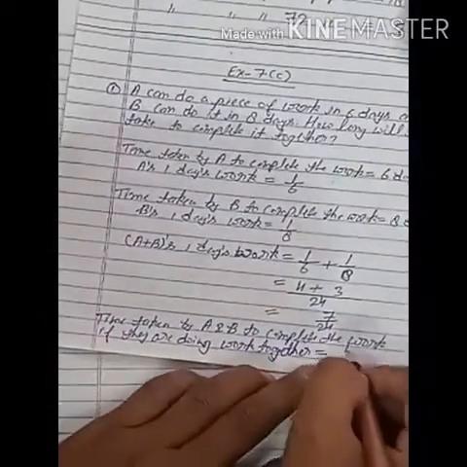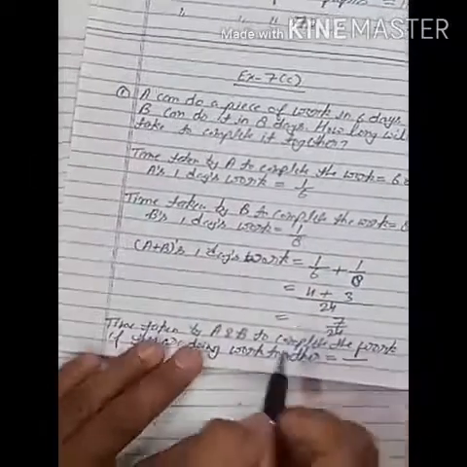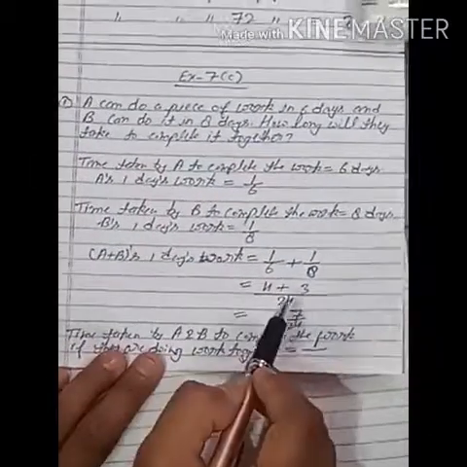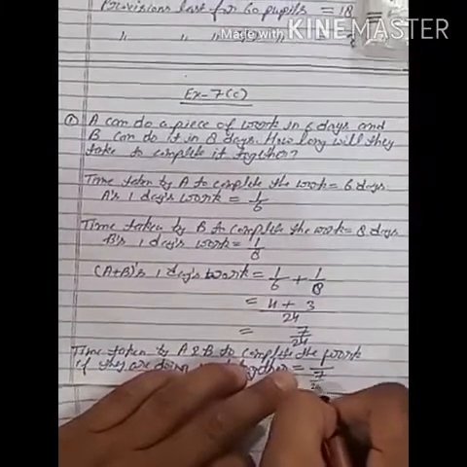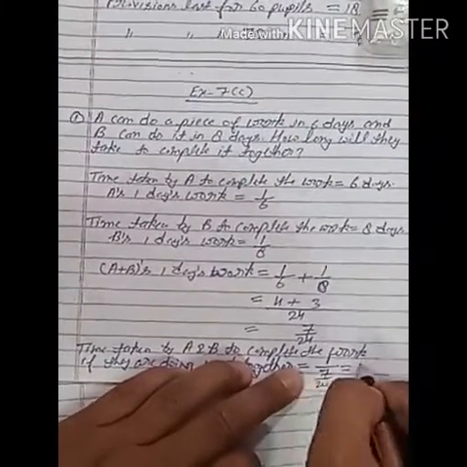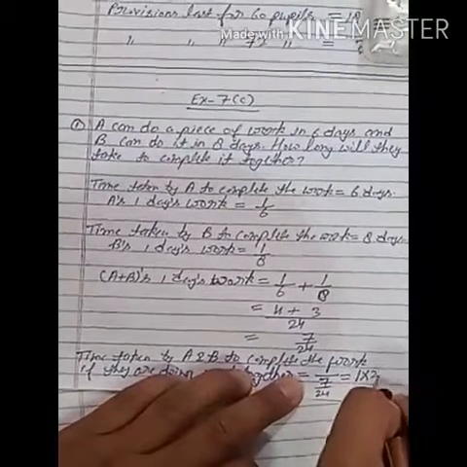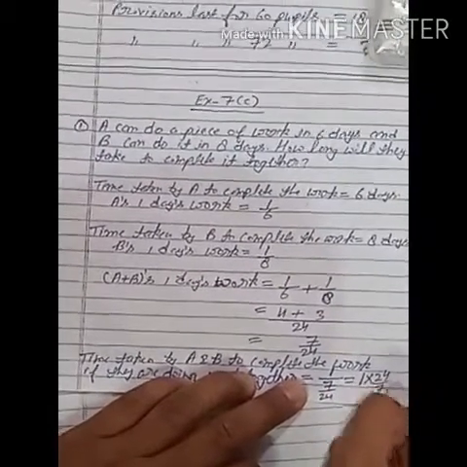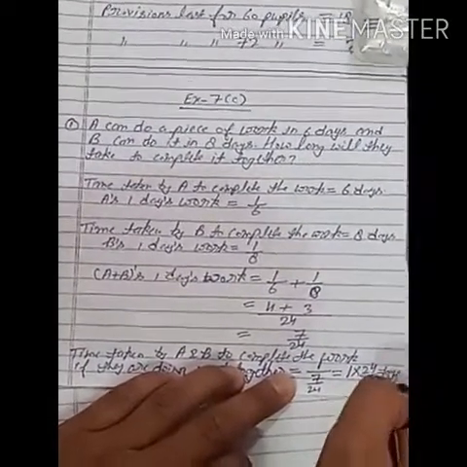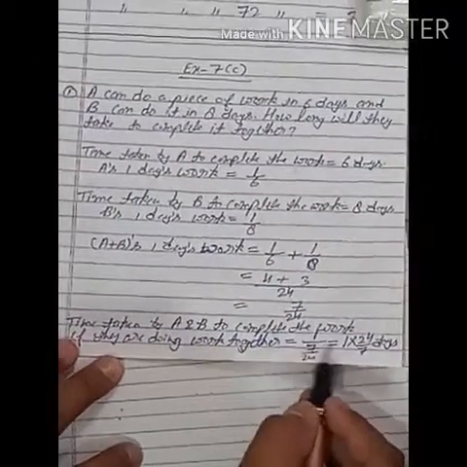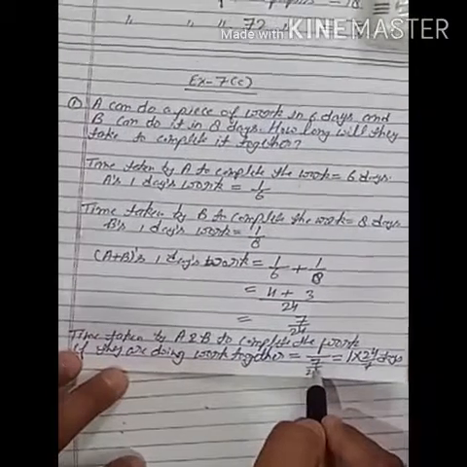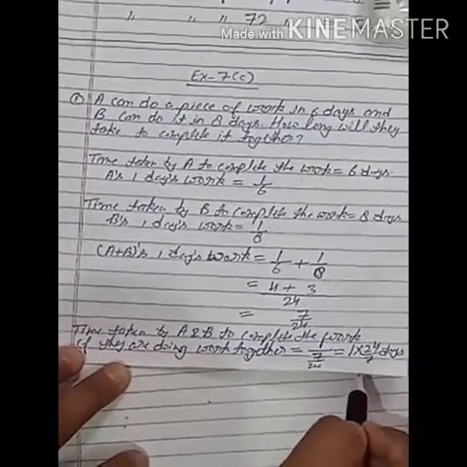So 1 upon 1 day's work of A and B, that is 7 upon 24. It means 1 multiply 24 upon 7 days. 1 upon 7 upon 24: the divide changes into multiply, and we take the reciprocal of 7 upon 24, which is 24 upon 7.